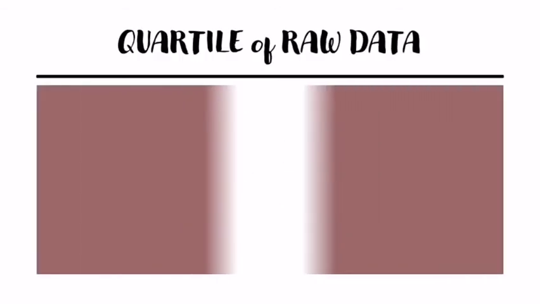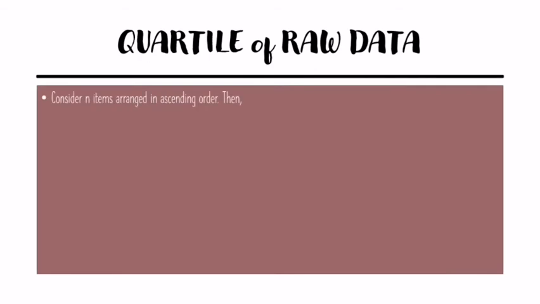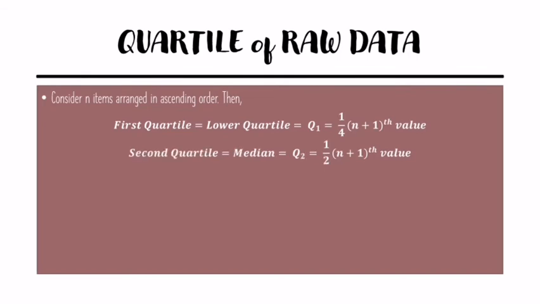So let's see how to measure quartile for raw data. Consider n items arranged in ascending order. Then the formula will be as follows. First quartile, Q1, the lower quartile, equals 1 over 4 in bracket n plus 1. The second quartile, median, Q2, equals 1 over 2 in bracket n plus 1.